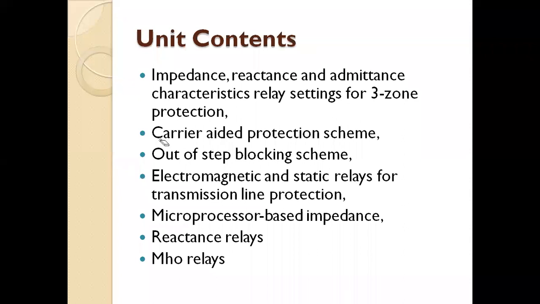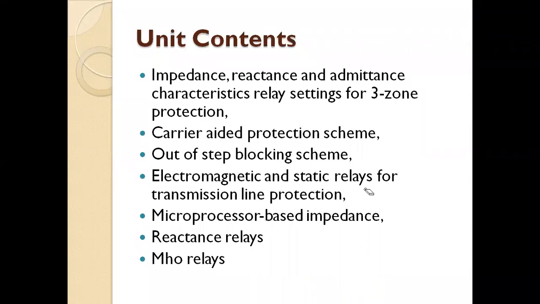Then the next point is the carrier aided protection scheme, meaning when the current flows, how that relay gets operated. We'll see that. Then the out of step blocking scheme, then electromagnetic and static relays for transmission line protection. There are different types of relays used for transmission line protection.